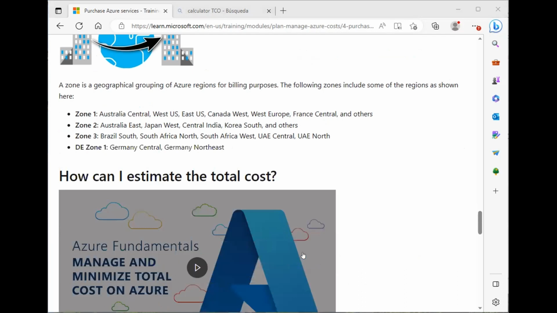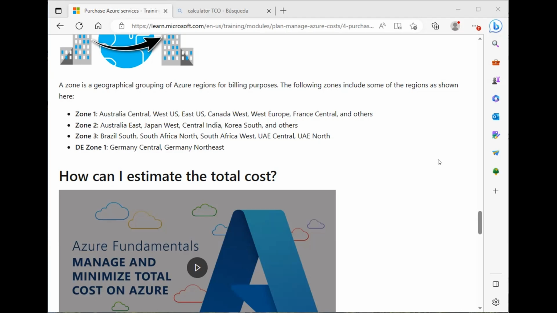A zone is a geographic grouping of Azure regions for billing purposes. The following zones include some of the regions as shown here. Zone 1: Australia Central, Australia East, Canada, West Europe, France Central, and others. Zone 2: Australia, Japan West, Central India, Korea South, and others.